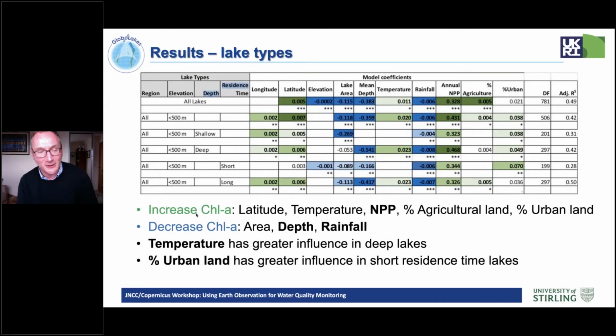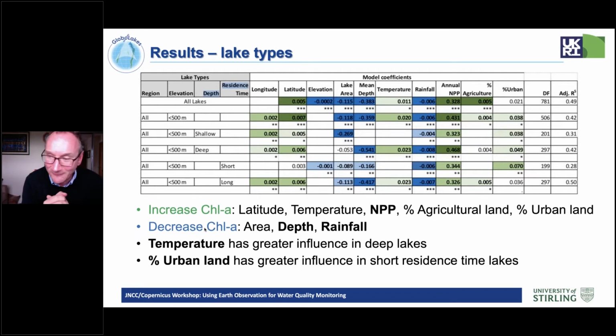And this is a preliminary analysis of that data that we have now, and hopefully will be published fairly soon. So what we can see here, that lakes generally increasing in chlorophyll, well, no surprises, that there is a really strong link there with nutrient concentration, but also temperature, latitude, position of that lake, percentage agriculture and urban land within the catchment.